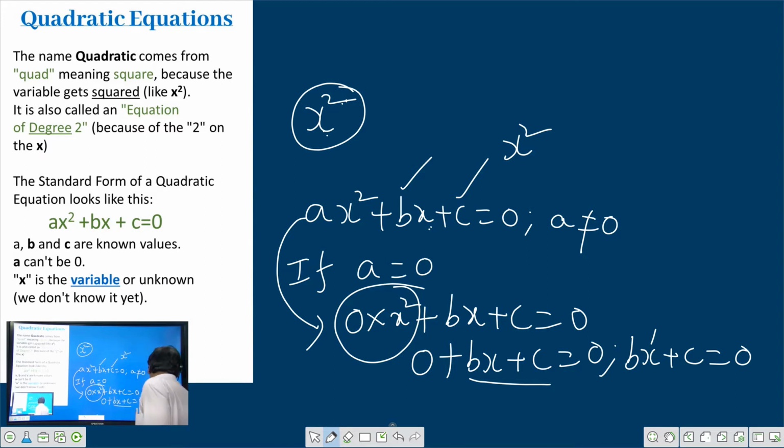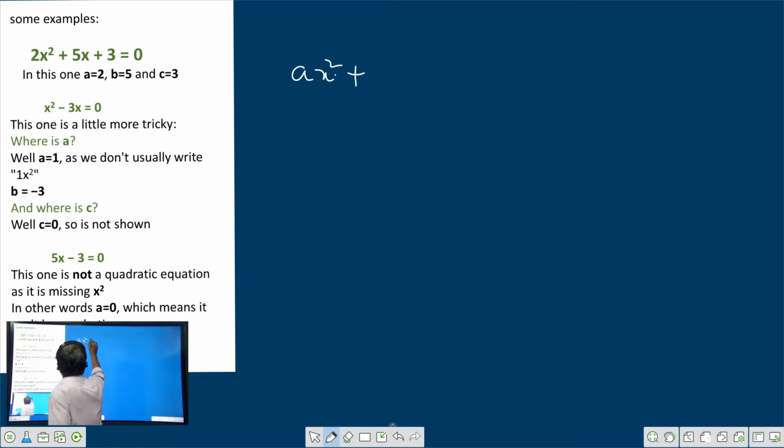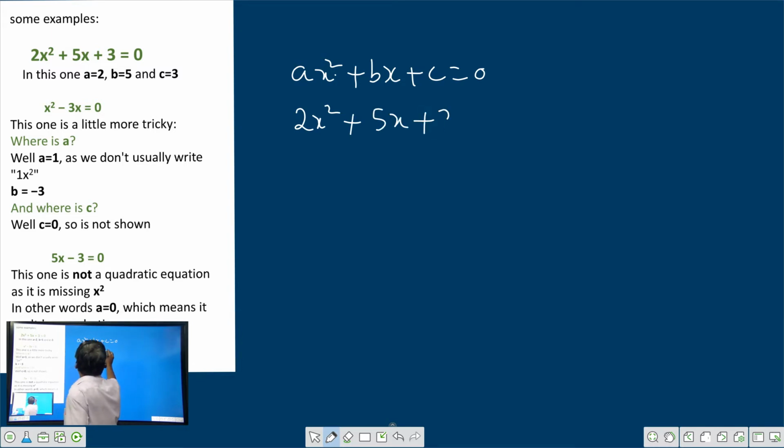Coming to the next part, some examples of the quadratic equation. As I told, ax square plus bx plus c is the standard one. Coming to this example, 2x square plus 5x plus 3 equal to 0.